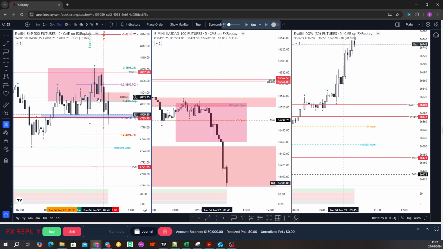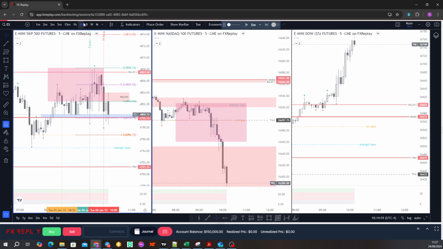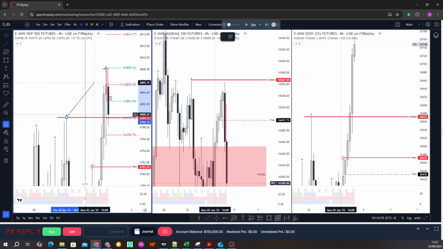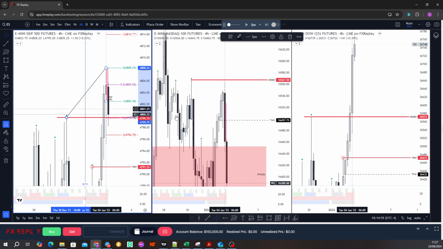Technically, if we wanted to take a short here with the PSP urging, so from a higher time frame standpoint, if we're looking at this, we have SMT. This is SMT above the old high, right?